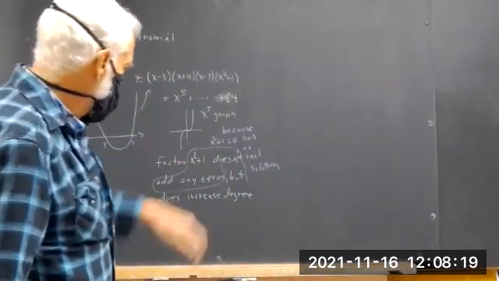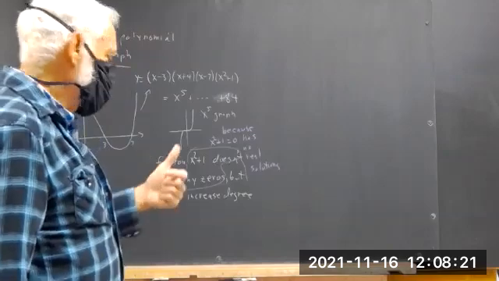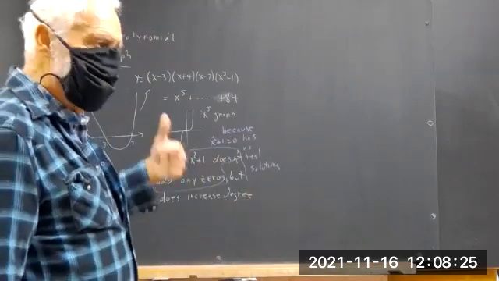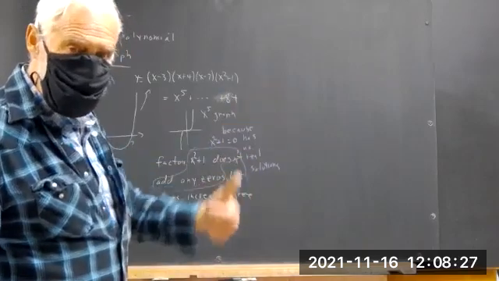try to solve x squared plus 1 equals 0. You get x squared equals negative 1, so x would be plus or minus the square root of negative 1.